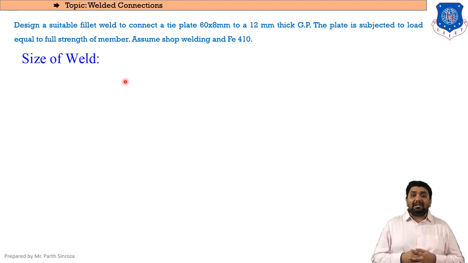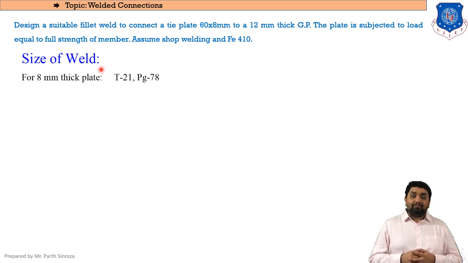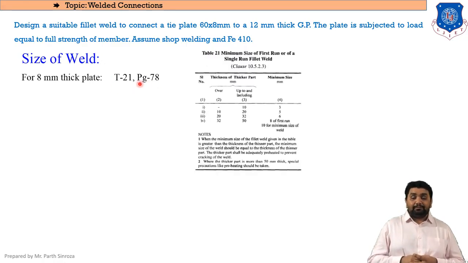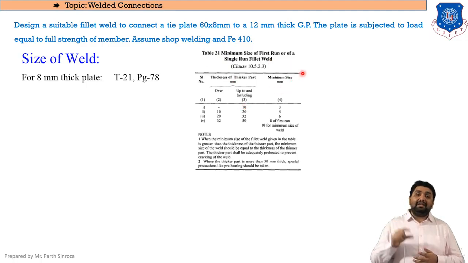So the first thing we will start with is the size of weld, that is, what size of weld we need to provide. For 8 mm thick plate, we need to go to page number 78 of your IS code. Here you can see that table 21 is mentioned, and the heading of table 21 is minimum size of first run of a single run fillet weld. Clear? That means the minimum size is given in this table.